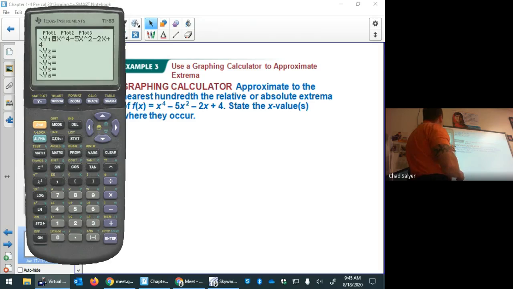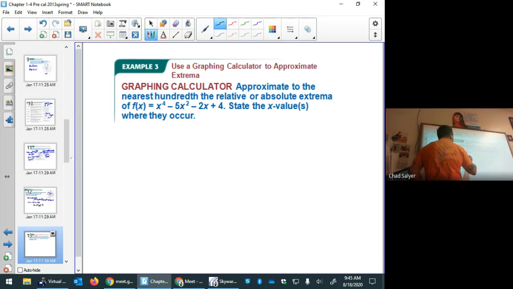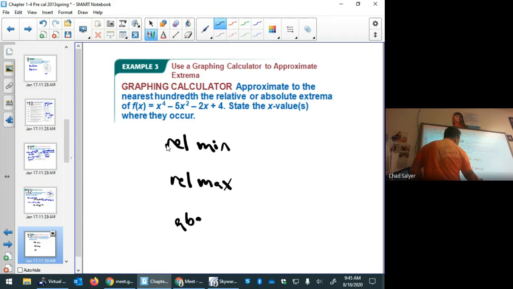And if I graph, it looks like a relative minimum, a relative maximum, and then an absolute minimum. So we haven't encountered one of those before. So we've got a relative min, a relative max, and then an absolute min.